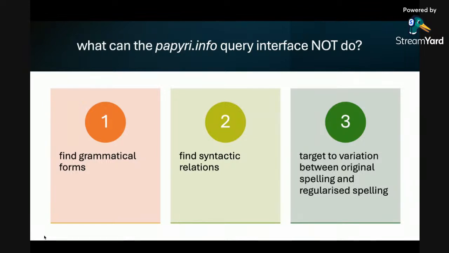So within sentences, if I would like to see what the predicate is, that's not doable. Or it cannot target in the query the variation between original spelling and regularized spelling, even though it codes these variations. So in one word, papyri.info cannot do linguistics.